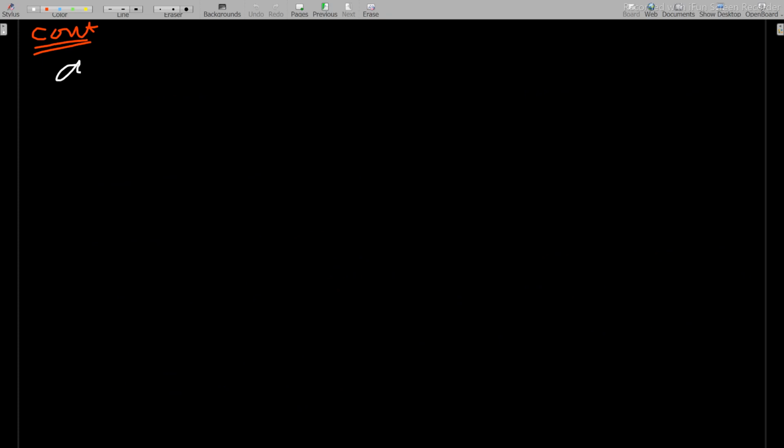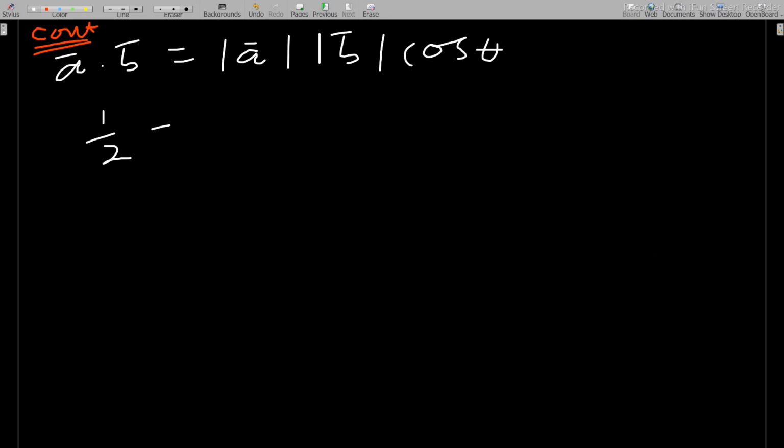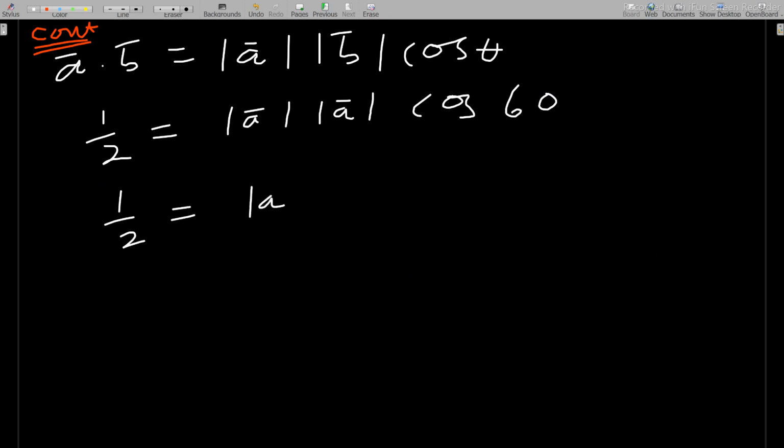So half equals the magnitude of a all squared, and cos 60 is half. I multiply through by 2 and I'll get 1 equal to the magnitude of a squared, which implies that the magnitude of a is the square root of 1, and that is 1.